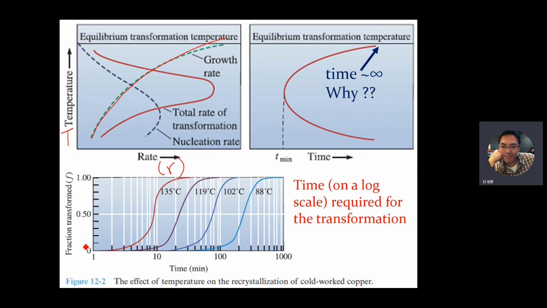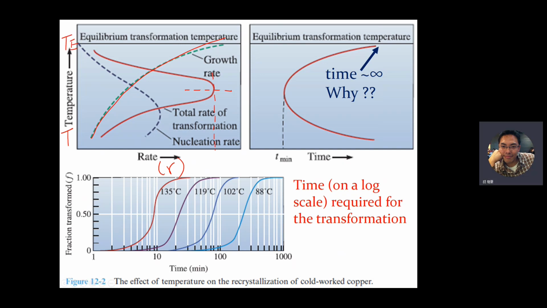Okay, so what does this figure tell us? Temperature and the rate. From this total rate of transformation, we can find out there is a maximum transformation rate at a specific temperature, below the equilibrium transformation temperature, or the phase transition temperature. So we can define this temperature as TE, equilibrium.